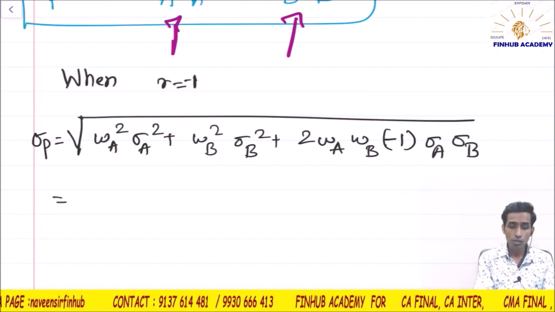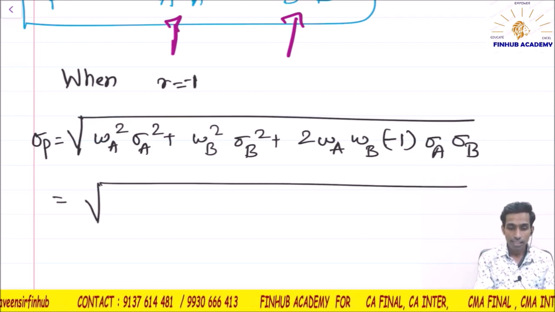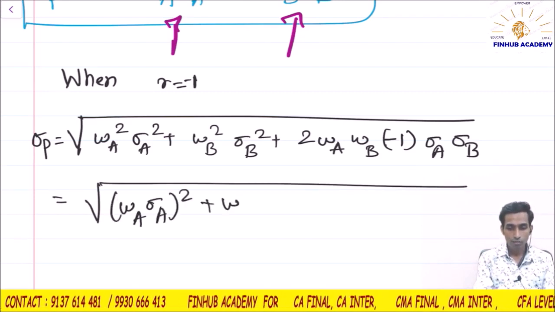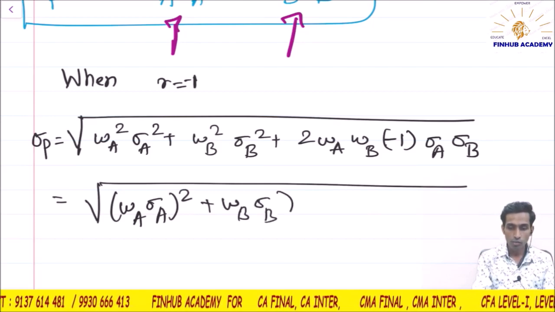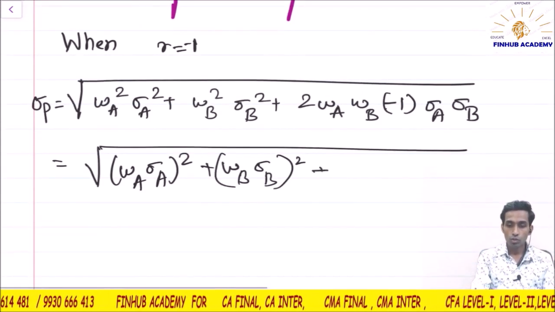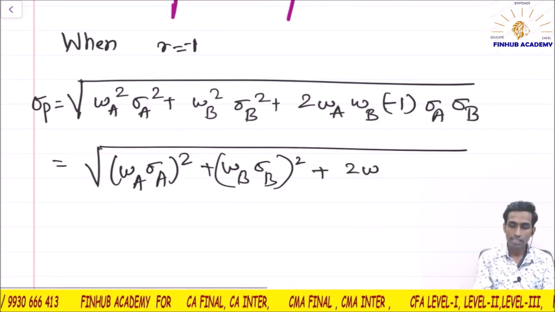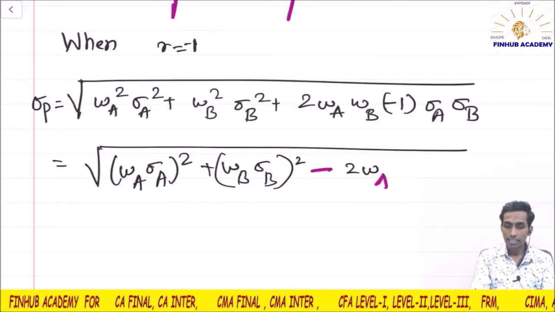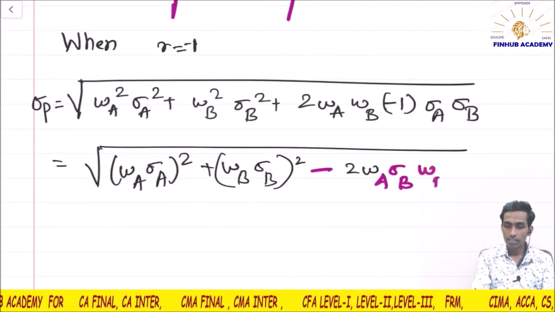I can write this as weight of A, standard deviation of A, the whole square, plus weight of B, standard deviation of B, the whole square, plus 2 into, sorry, not plus, this time it will be minus, correct, minus, because -1, 2 of weight of A into standard deviation of A, weight of B, standard deviation of B.